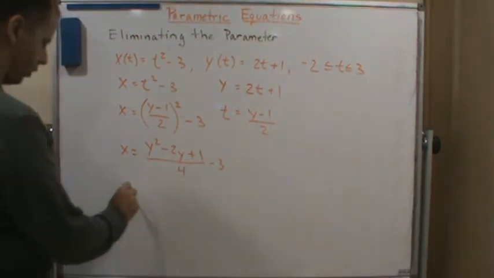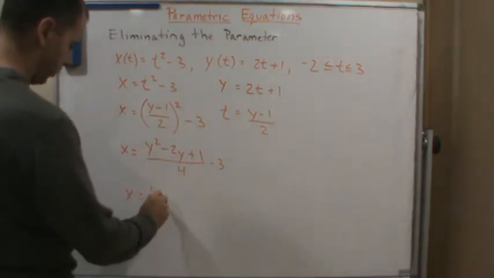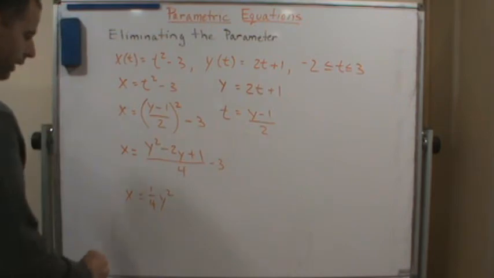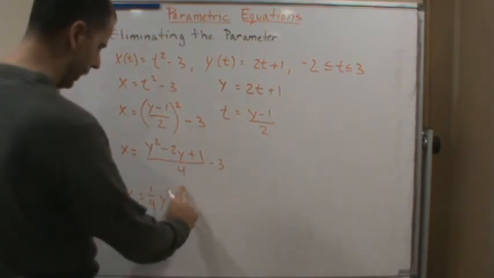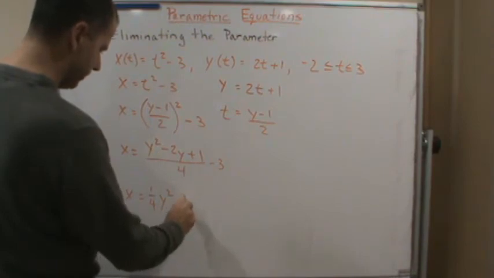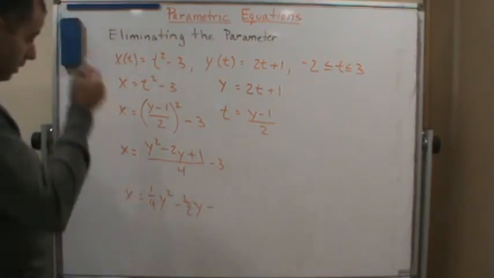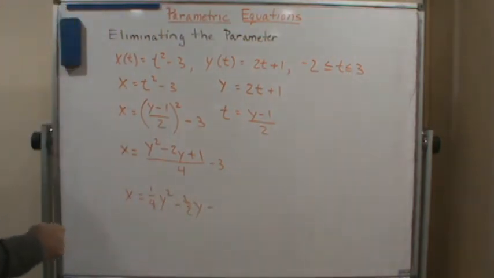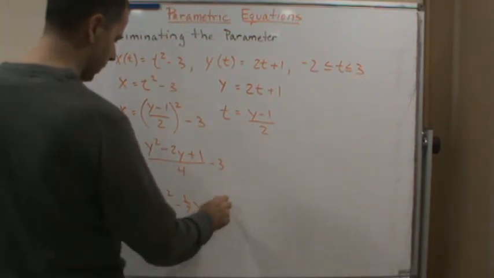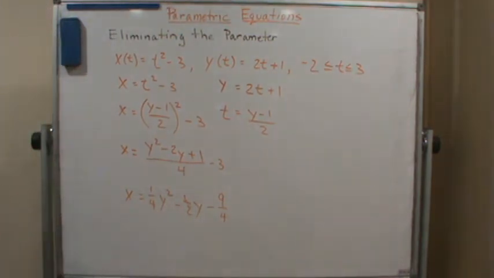Okay, so I get x equals 1/4 y squared minus 1/2 y minus what? Well, I get minus 2 1/4, or 9/4.